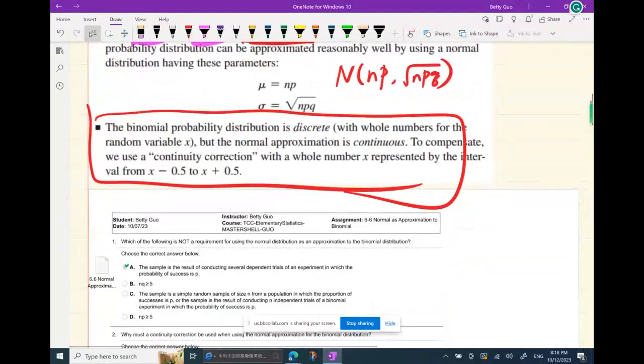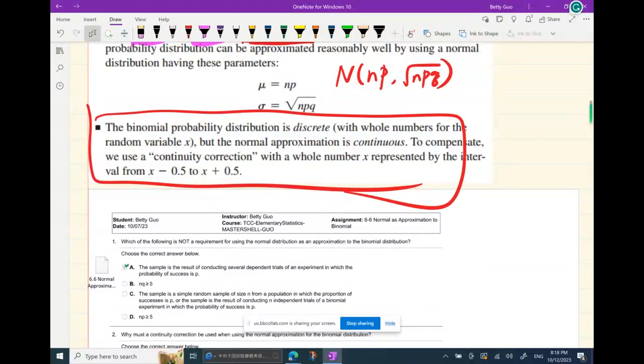So another thing about this section is the continuity correction. All right, yeah, so I had them boxed here. The binomial distribution is discrete, right? Because the variable that is binomially distributed represents the number of successes among the n trials.